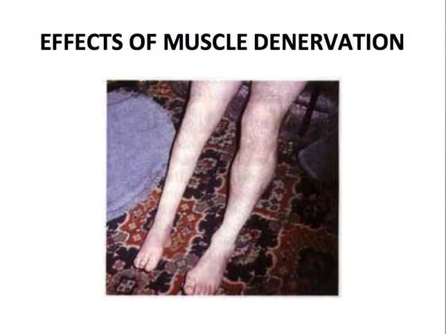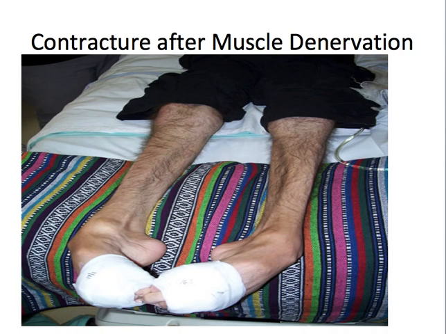To learn the effects of muscle denervation, you should know that when a muscle loses its nerve supply, atrophy begins almost immediately, and after about 2 months the degenerative changes begin to appear in the muscle fibers.